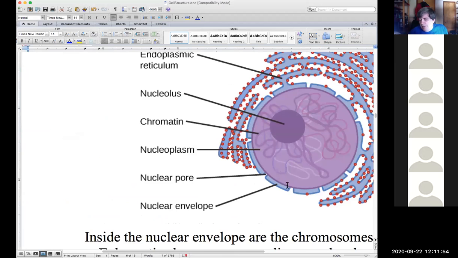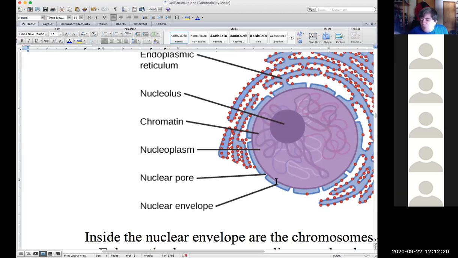In the nucleus, this black line that goes all the way around the purple, that's one membrane. So that's 2 layers of phospholipids. And then this kind of bluish line out here, this one has a red dot in it. This is a second membrane. So this is a second set of 2 phospholipid layers.